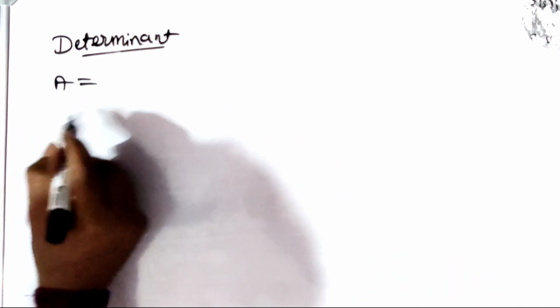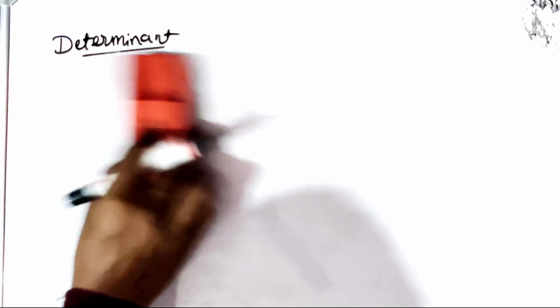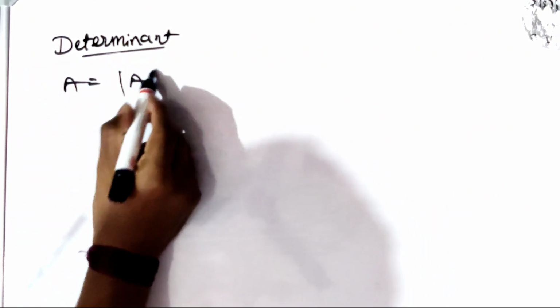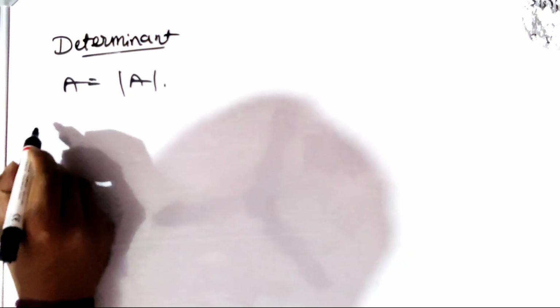The determinant of a matrix A is denoted by a symbol like this. We'll learn about the determinant by using a problem.